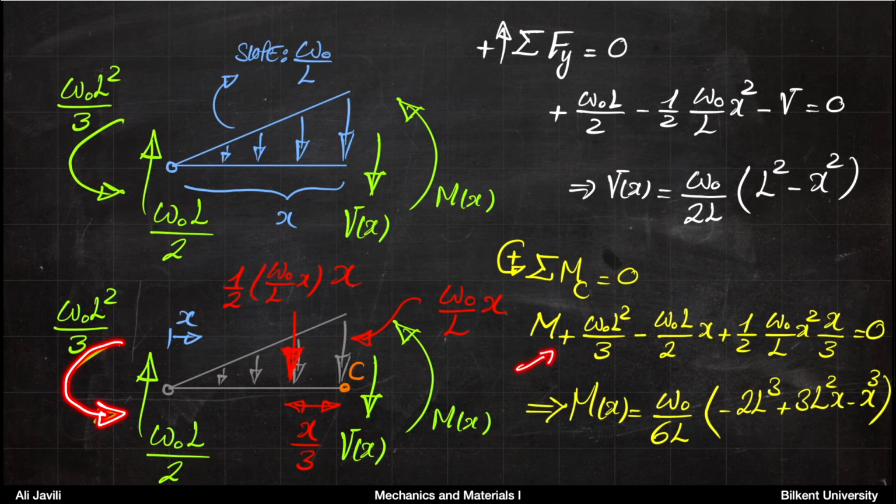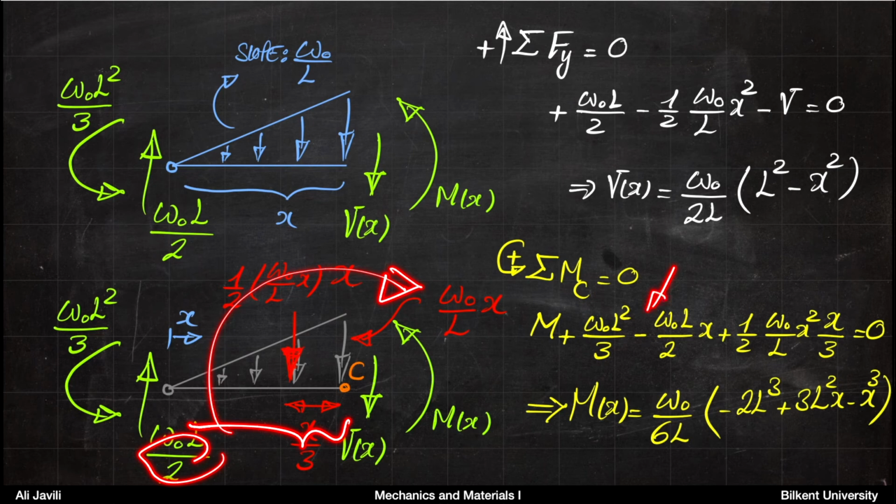So you have also plus W0 L squared divided by 3. The moment that you get due to the force at the support would be clockwise, so it would be the distance x times the force that comes with a minus.